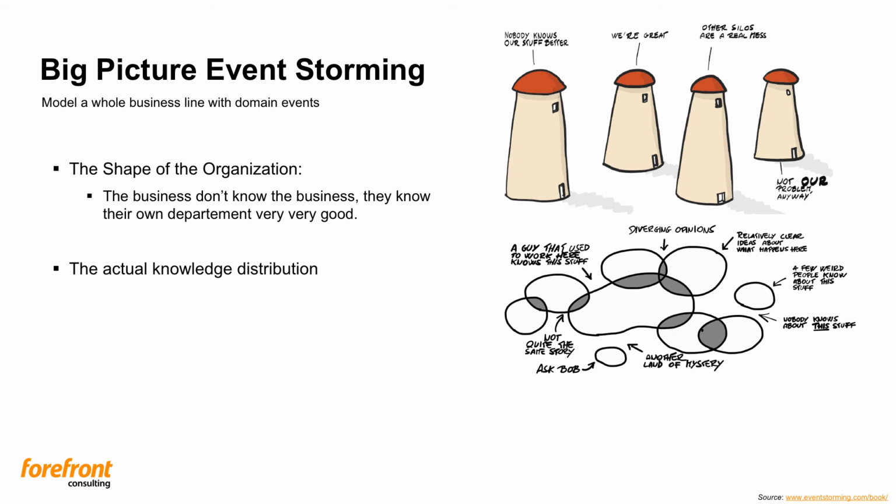When you try to map out the whole process or value stream, you will find, okay, who does this part? And it's usually just one or two guys, or no one really knows, which is kind of interesting. So it's good for aligning what you're actually doing and finding the gaps.